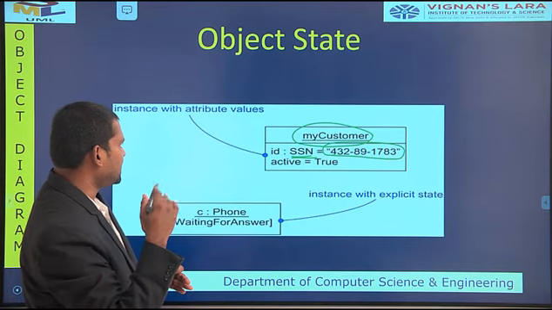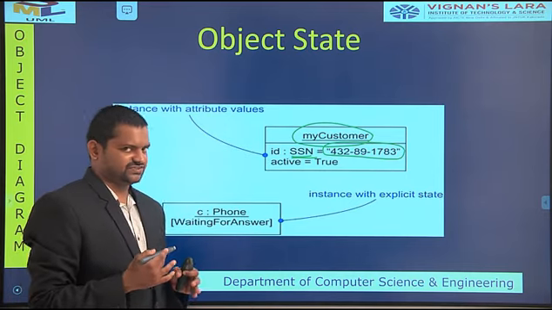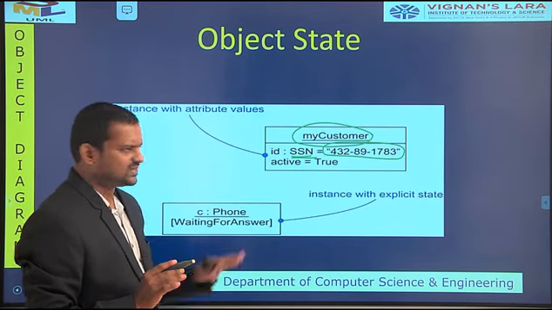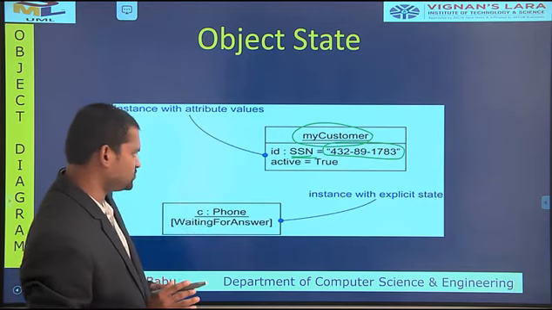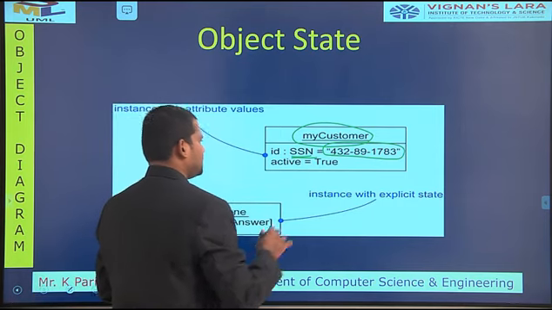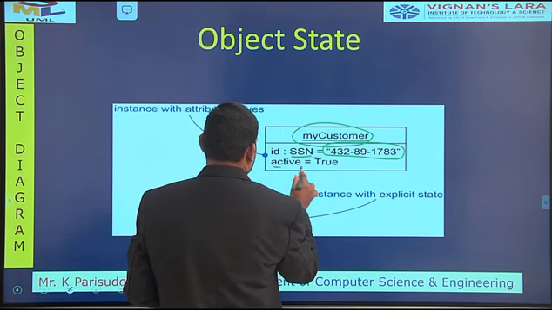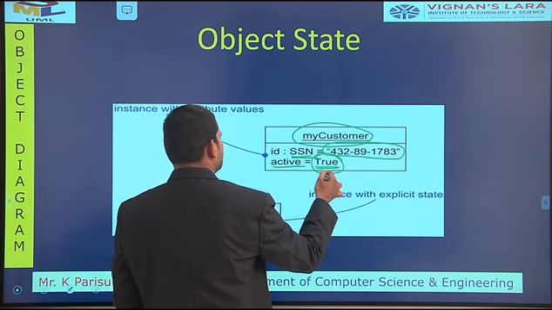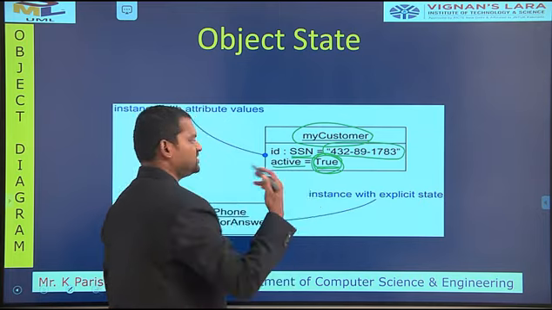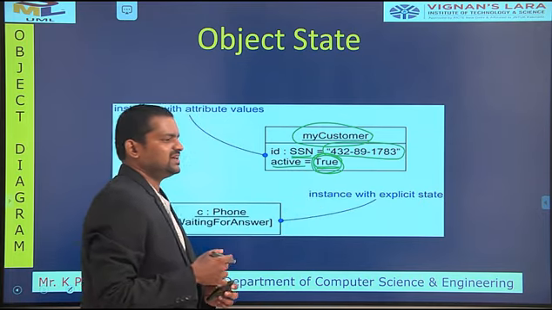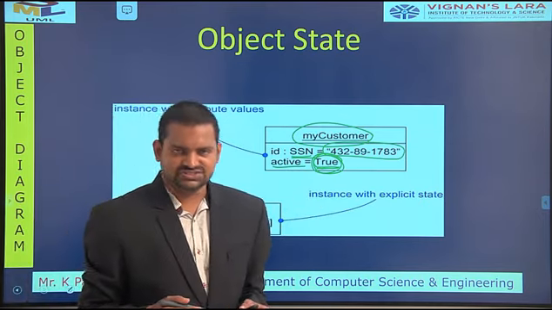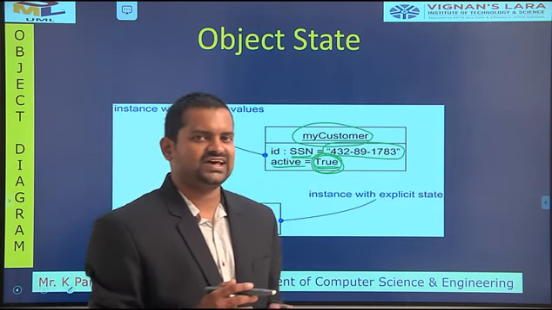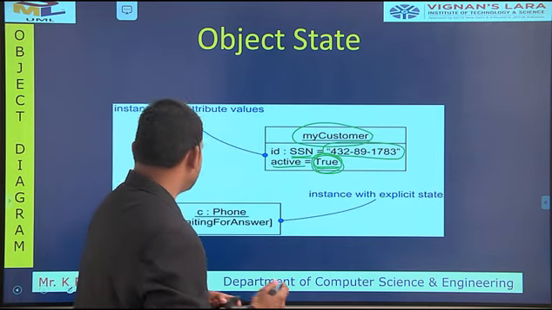That is the attribute value of a particular instance. The object also has some other attributes, like ID, SSN, and an active position: is it active or true? When you give true, the SSN number is active. When you give false, the SSN number is in inactive position. Likewise, you can represent attributes of particular instances of objects.